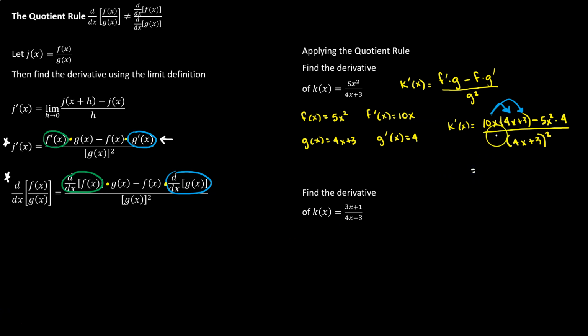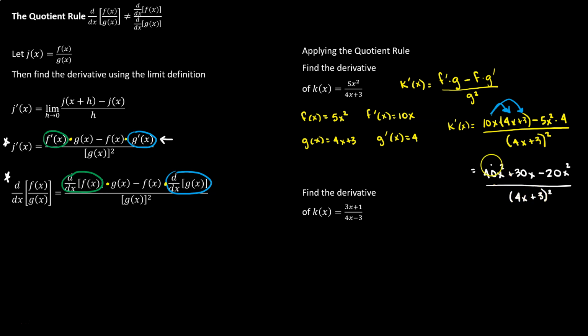So in our numerator, we'll have 40x squared plus 30x minus 20x squared. And then in the denominator, leave that factored. You don't have to multiply out the denominator. Almost every application that I can think of would prefer for you to have everything completely factored. So let's leave the denominator factored.